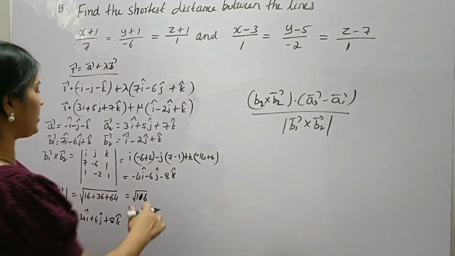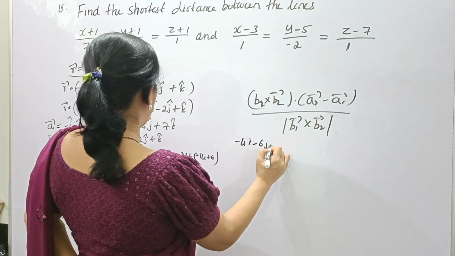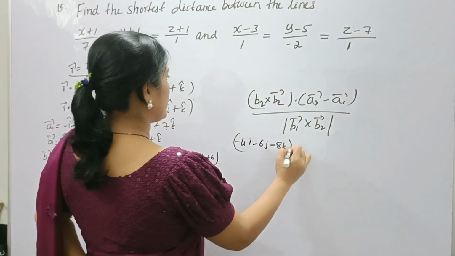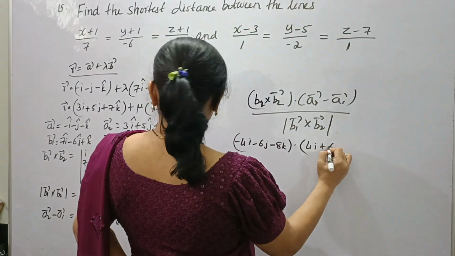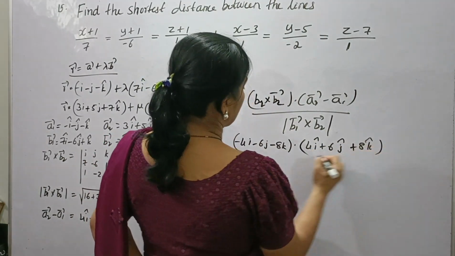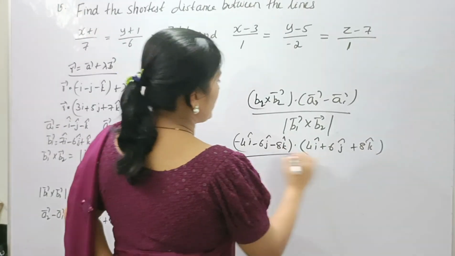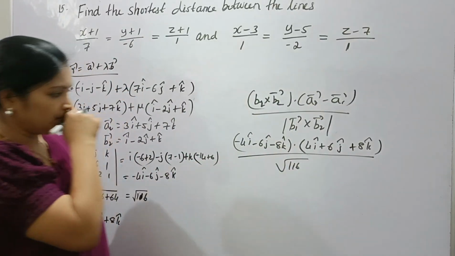Now let's substitute here. Vector b1 cross vector b2 is minus 4i minus 6j minus 8k, dot 4i plus 6j plus 8k, divided by root of 116.